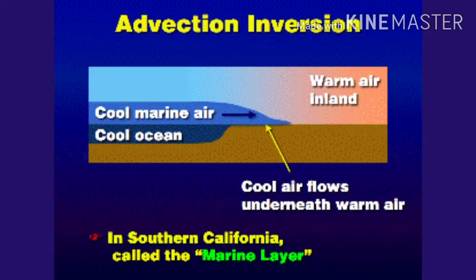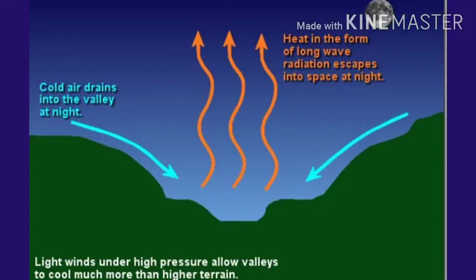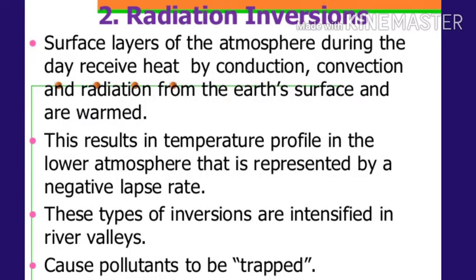And if we talk about a ground inversion or radiative inversion, which is an important type of inversion, a ground inversion is much more localized and is often dependent on the terrain. It frequently occurs during winter anticyclonic weather when, during calm cloudless nights, there is a rapid heat loss from the ground by radiation.